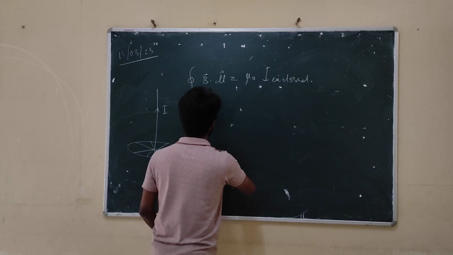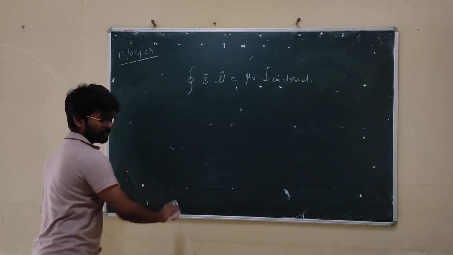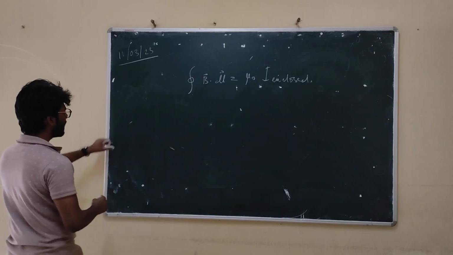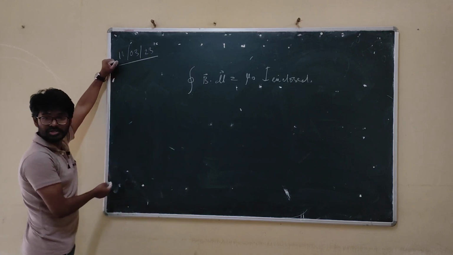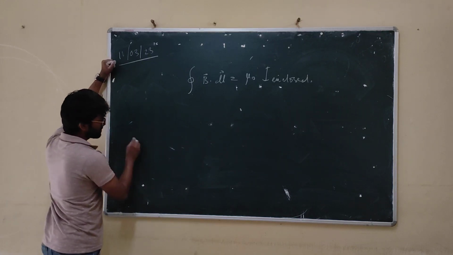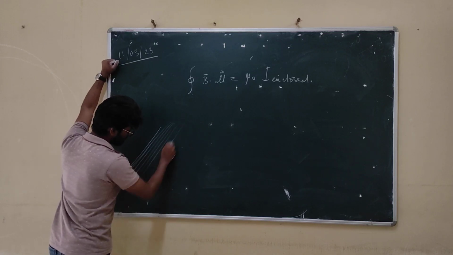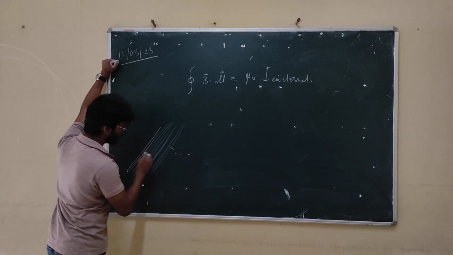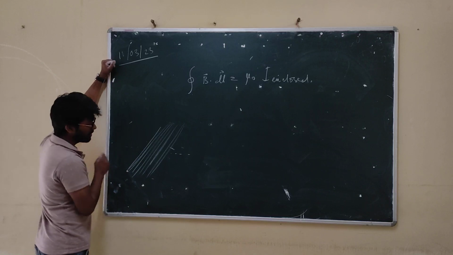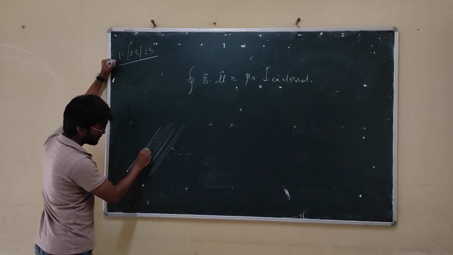Let's do another problem. We have an infinite sheet of current. So the currents are flowing like this, extended up to infinity, all coming in this direction.